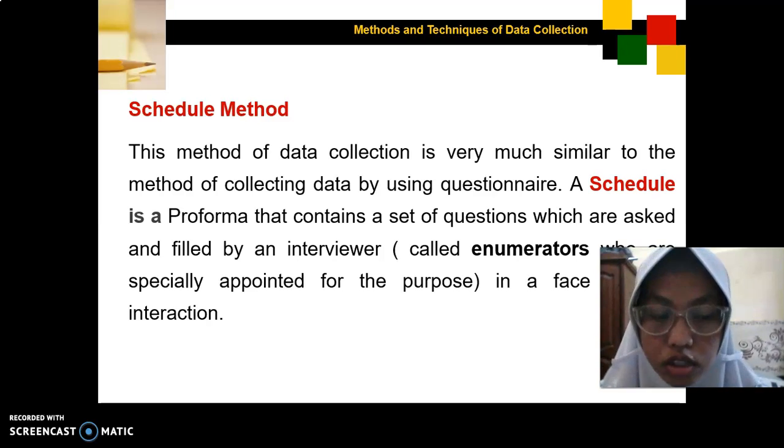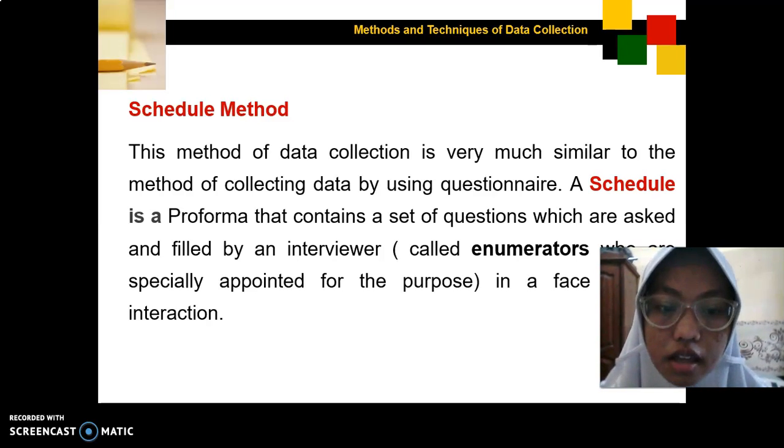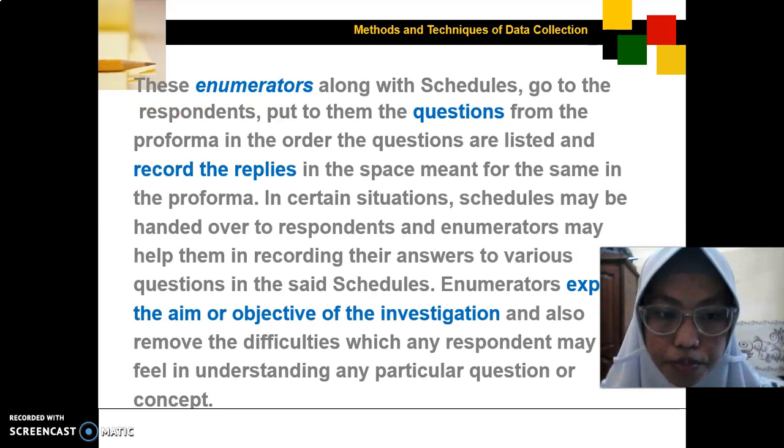But a schedule is a pro forma that contains a set of questions which are asked and filled in by interviewers called enumerators, who are specially appointed for the purpose, in face-to-face interaction.